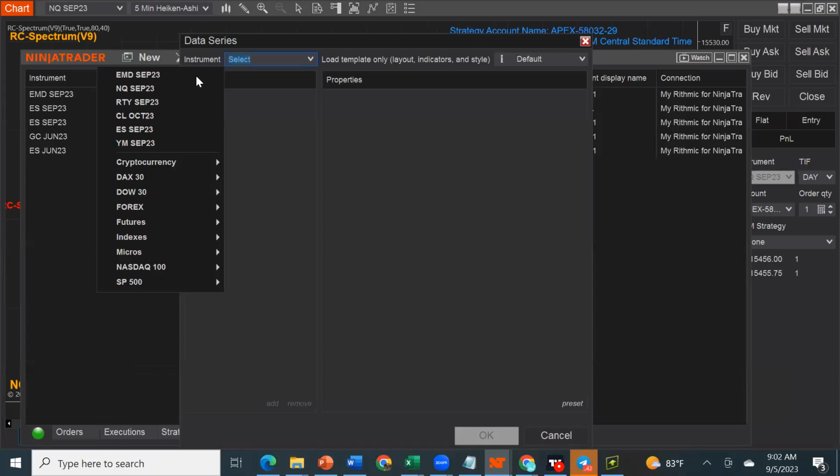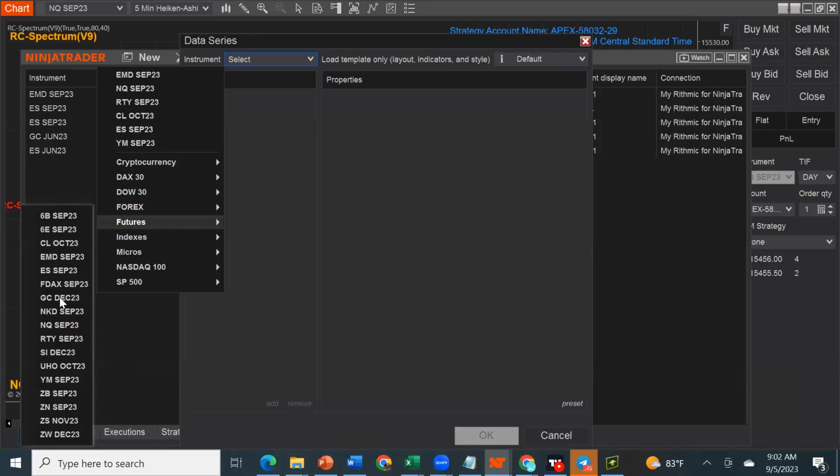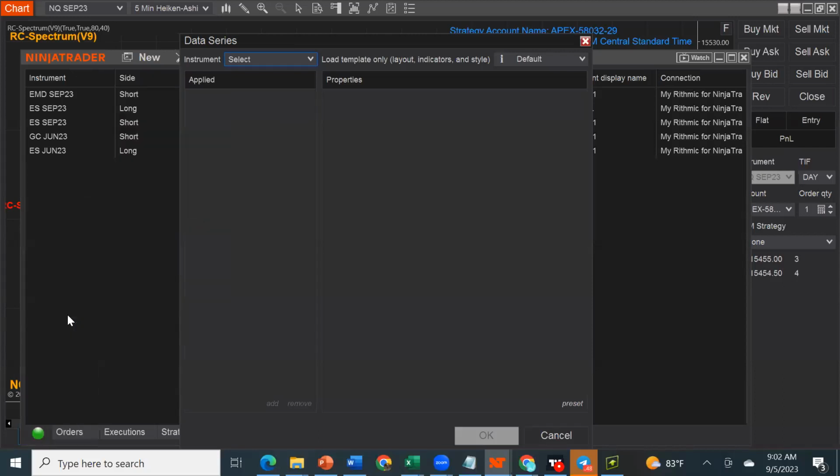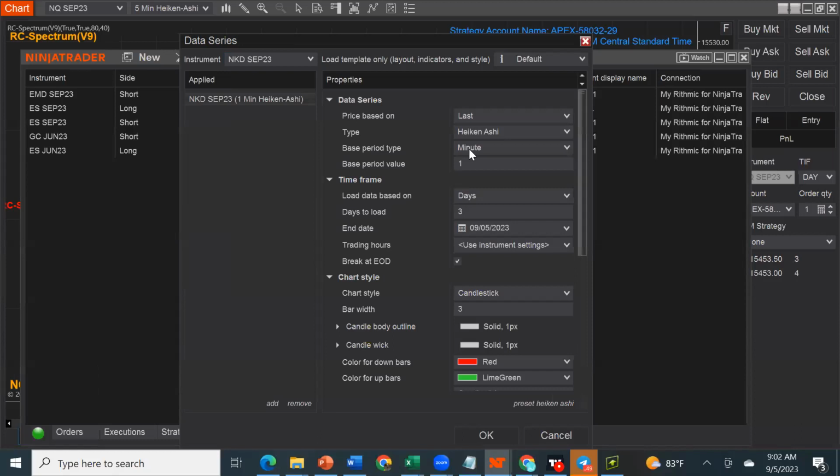Let's say I want to run something on NKD, which is Nikkei. I want to run it on 15 minutes Heikin-Ashi because I see volume is good.